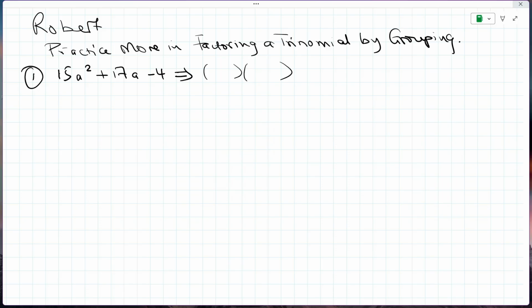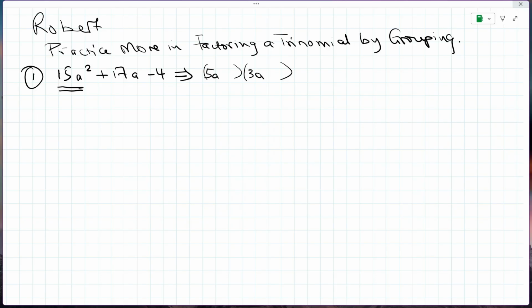Again, like we've seen in our past lessons, we'll look at the first term here and look for two terms, which when multiplied together will give us that term 15a squared. And clearly that looks like 5a multiplied by 3a.